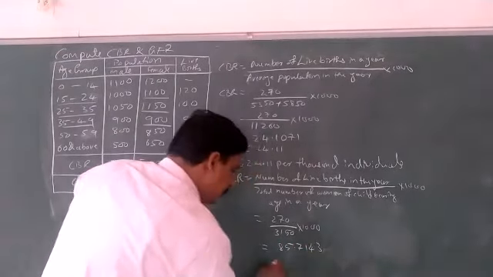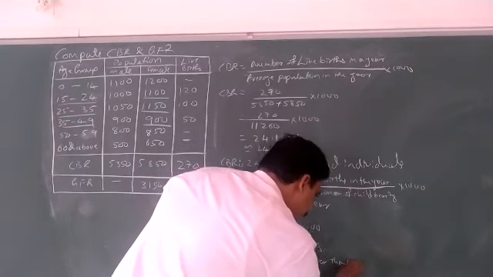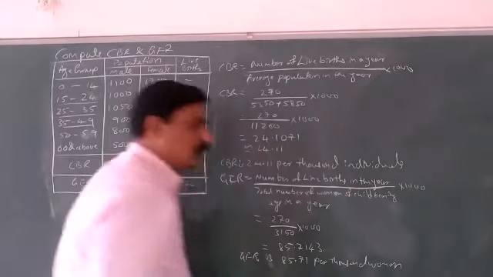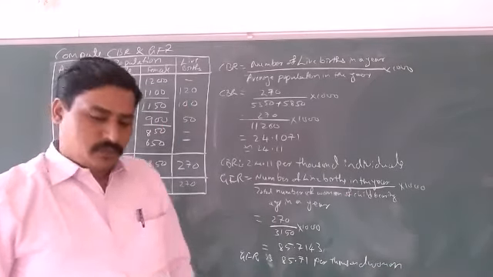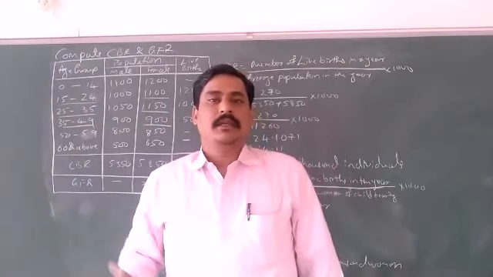So GFR is 85.71 per 1000 women of childbearing age. So GFR is 85.71 per 1000 women. So this is how we calculate CBR and GFR.